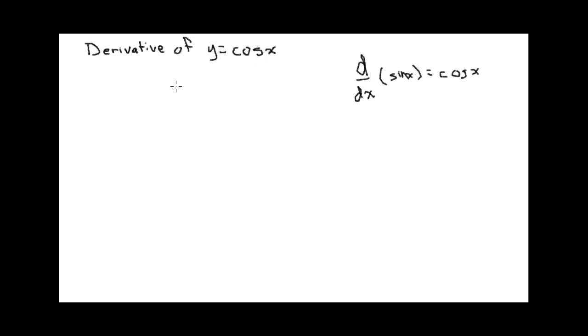So again, we could try first principles, but it's actually not going to be necessary. What we're going to do is use this rule to come up with the derivative of cosx. So what we need to do is change cosx to a function involving sine, because we know the derivative of sine.